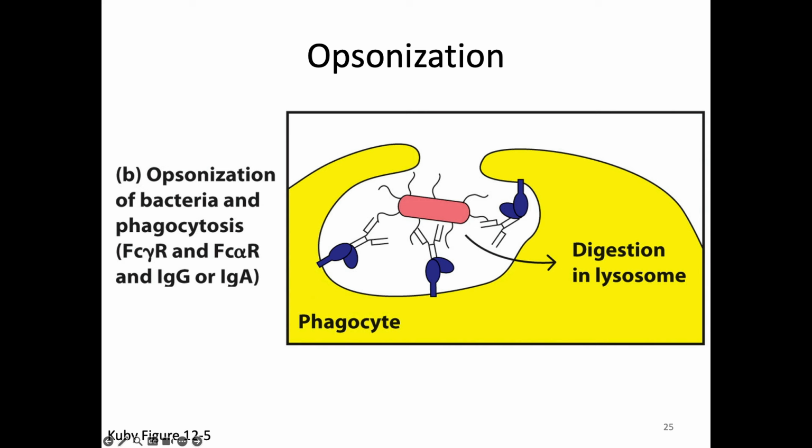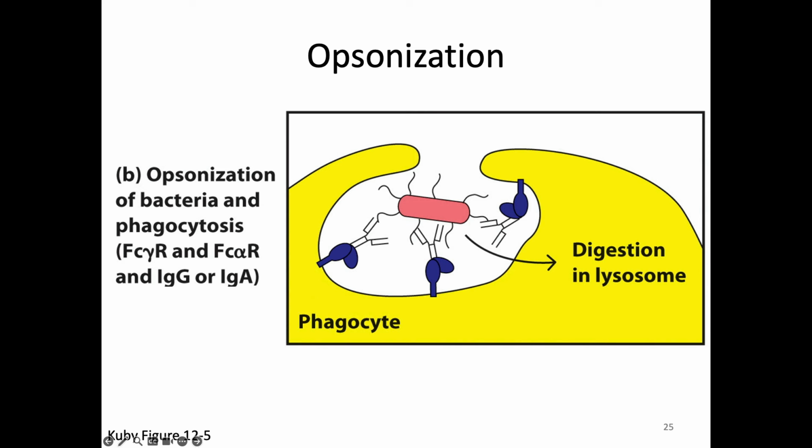And when I talked about that, I said that opsonization is when you coat something with something else and make it more likely to get phagocytosed. I told you it was like butter. When you put a coating on something to make it look more tasty and more likely to get eaten. So you could opsonize or coat a microbe with complement, and that would make it more likely to get phagocytosed and more likely to get eaten.